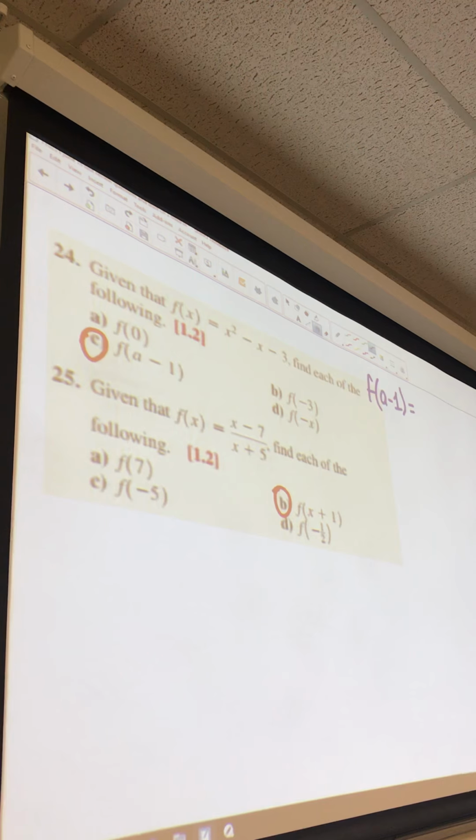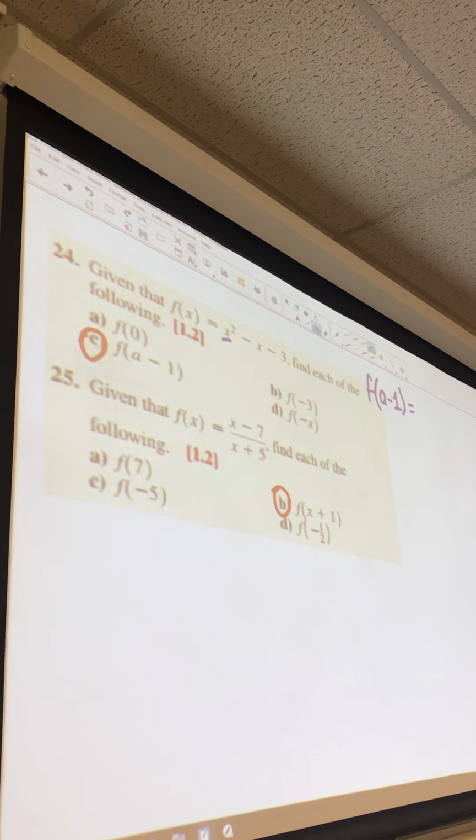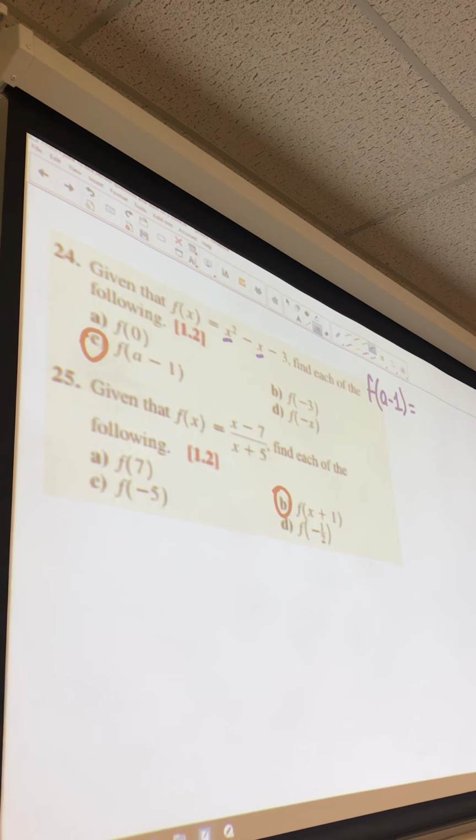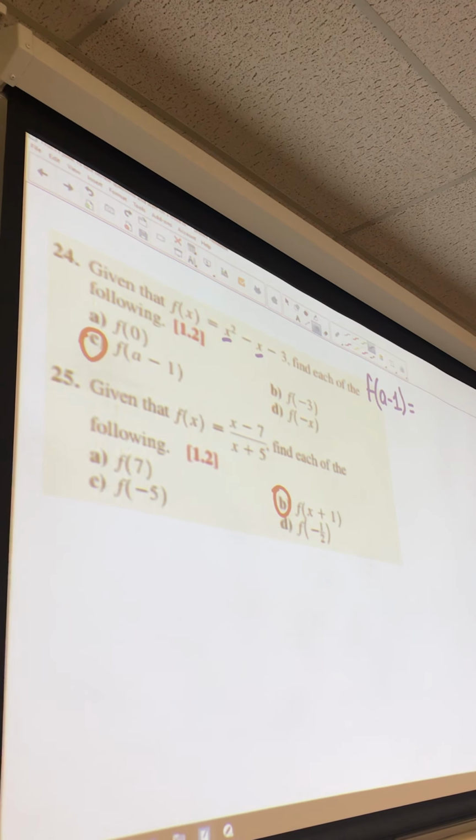What are we doing? That's right. Putting the whole a minus 1 in a set of parentheses and then seeing what we can do with it. So a minus 1 squared minus another a minus 1 and then the minus 3.